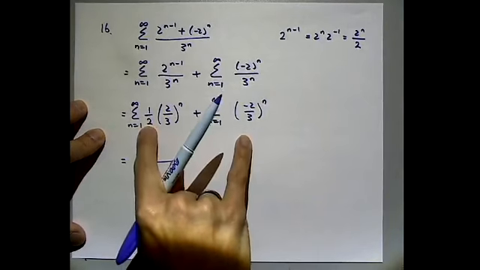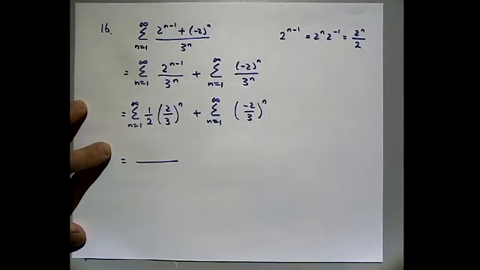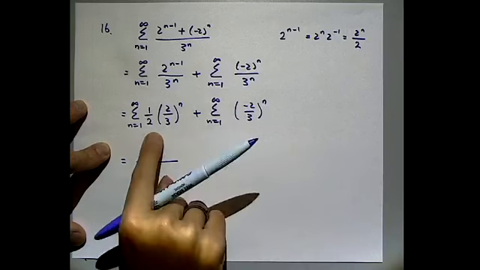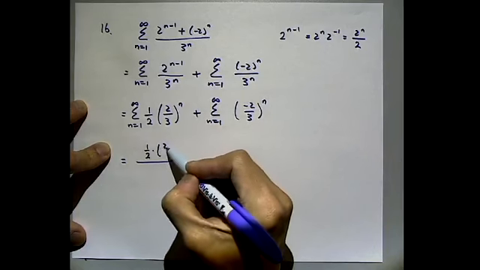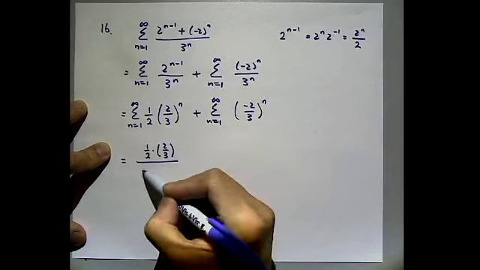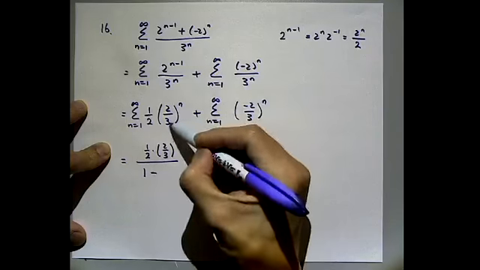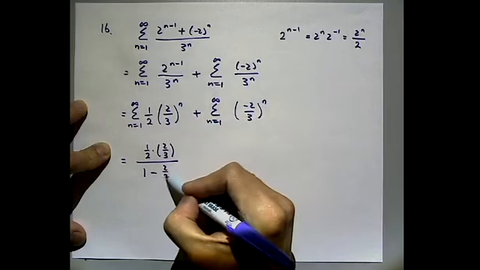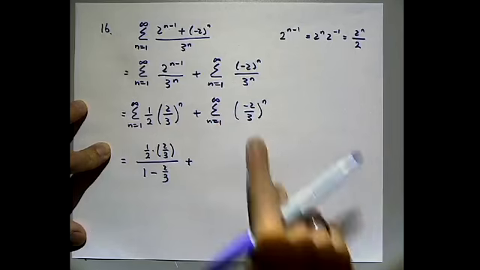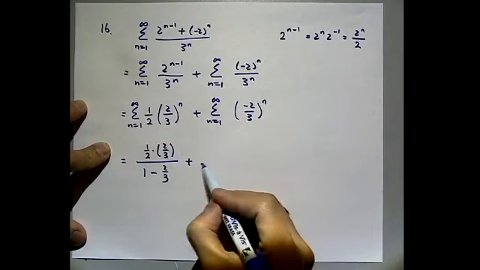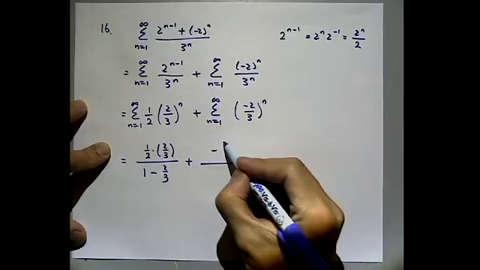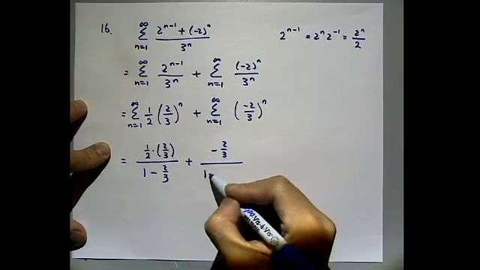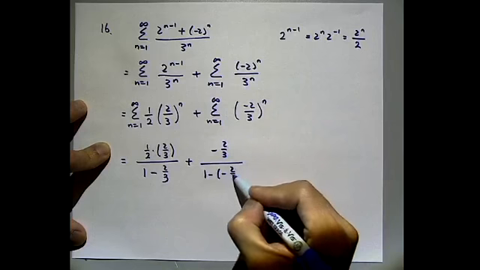Two geometric series, we know the formula to find the sum, right? The first term in the series is 1/2 times 2/3, over 1 minus the common ratio. Repeat that for the second one. The first term in that series, when n is 1, over 1 minus the common ratio.